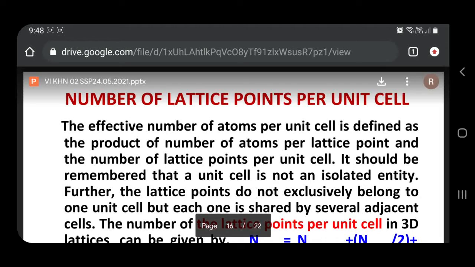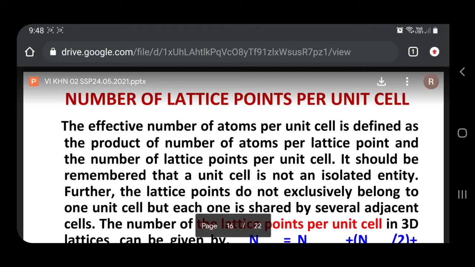I repeatedly mentioned, a lattice point is a point in space where the basis is to be attached. So the basis is a group of atoms or molecules or ions which are to be attached to these locations.